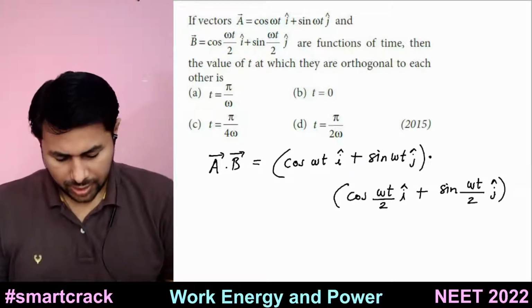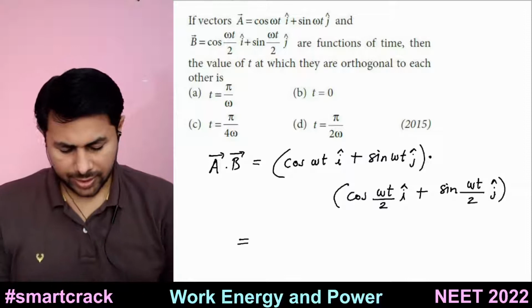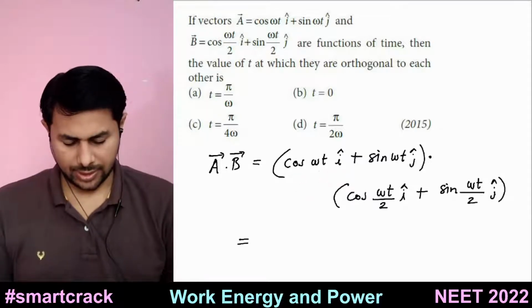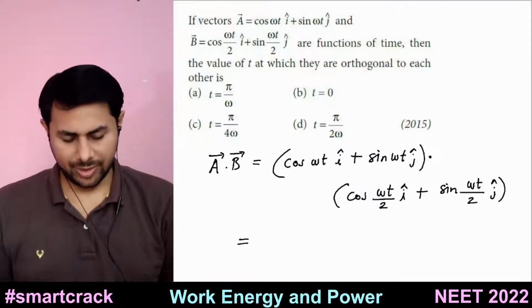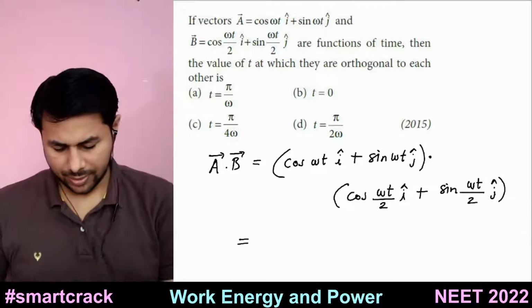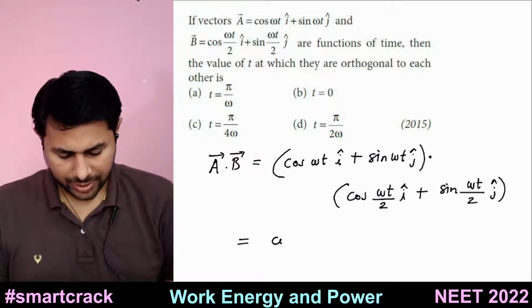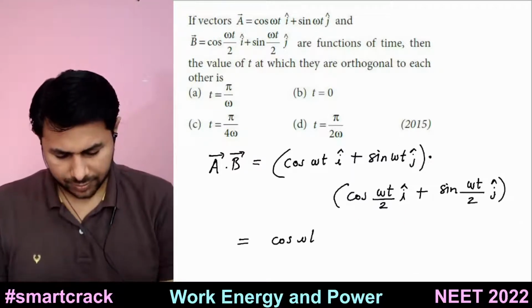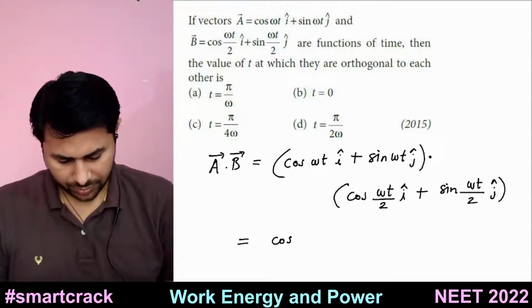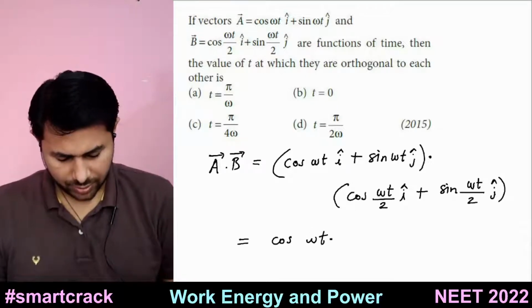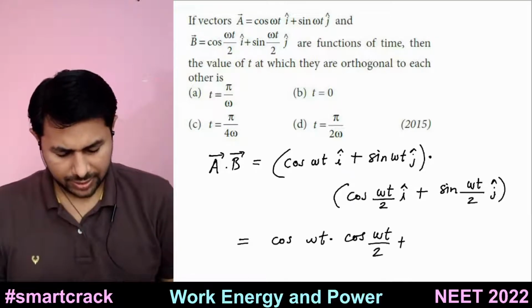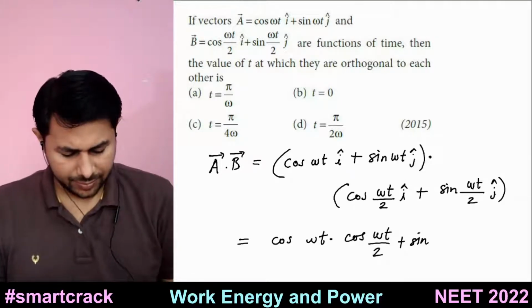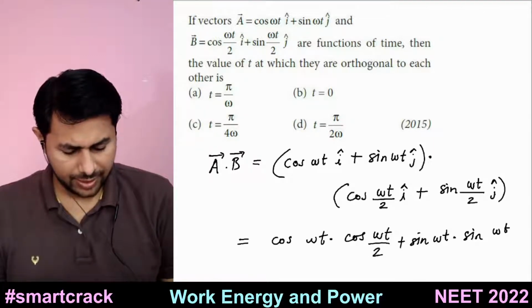So let's perform this dot product. First, the coefficient of i multiplied by coefficient of i. So it is cos of omega t into cos of omega t by 2 plus sine of omega t into sine of omega t by 2.